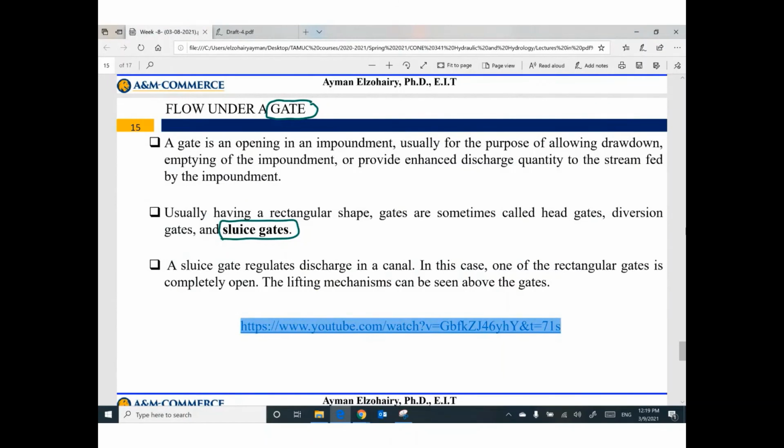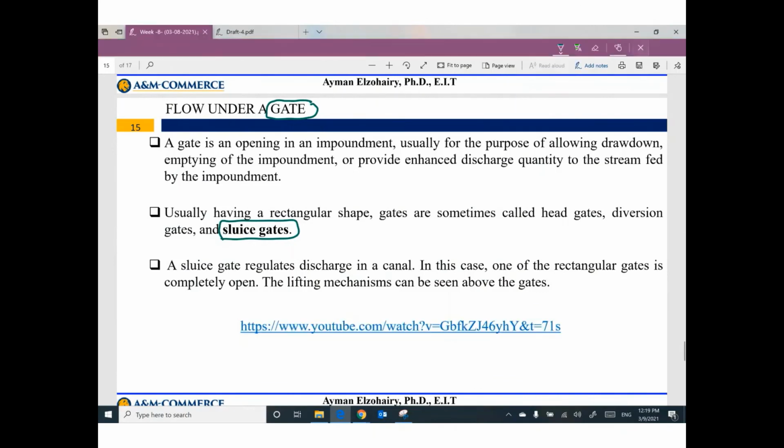So a gate is an opening usually for the purpose of allowing drawdown, emptying of the impoundment, or provide enhanced discharge quantity to the stream fed by the impoundment. Usually having a rectangular shape, gates are sometimes called head gates, diversion gates, and the slice gate. What shown in this video is a slice gate.